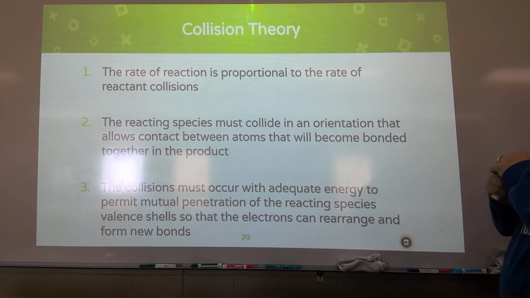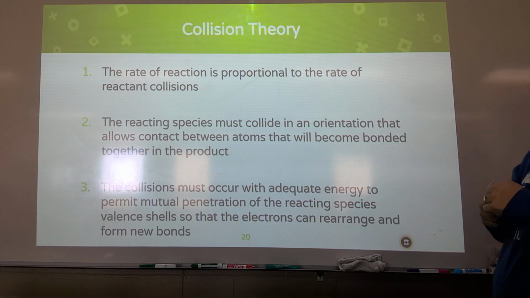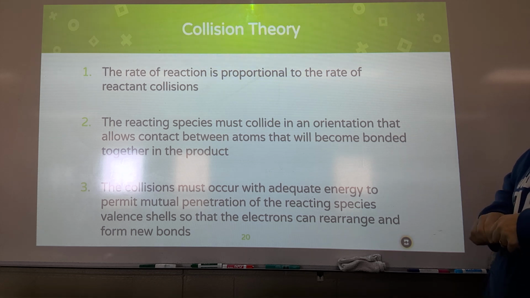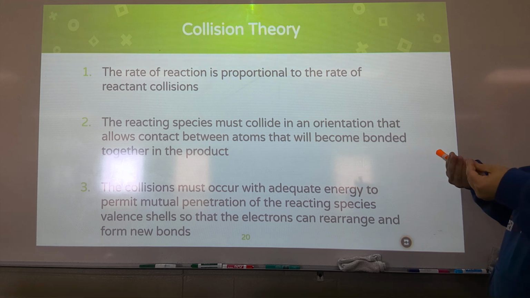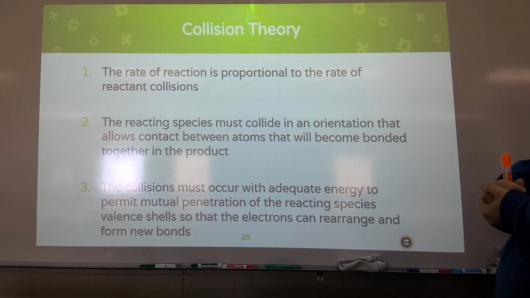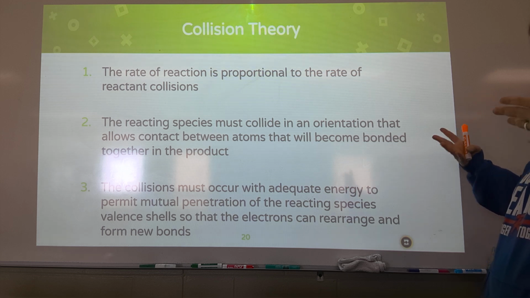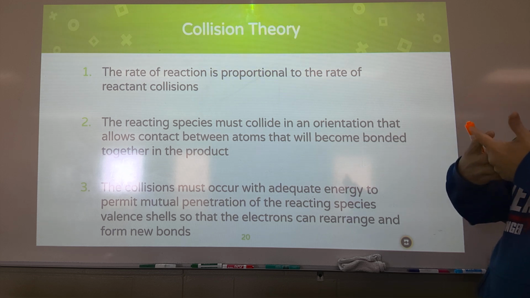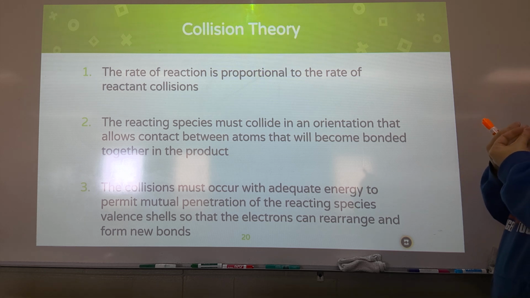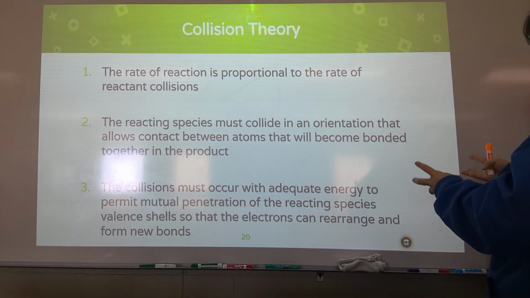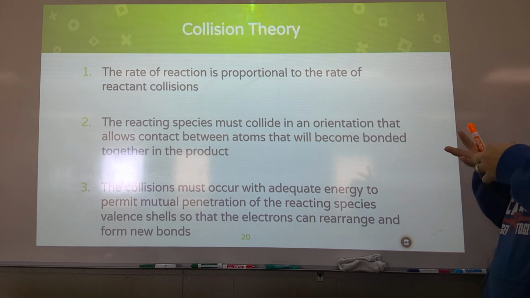And then number 3, the collisions must occur with adequate energy to permit mutual penetration of the reacting species' valence shells so that the electrons can rearrange and form new bonds. If they just come in with very little energy and bounce off of each other, you don't have enough energy for those repelling electrons to allow their valence shells to overlap enough so that the electrons can be rearranged to form those new bonds in the products.